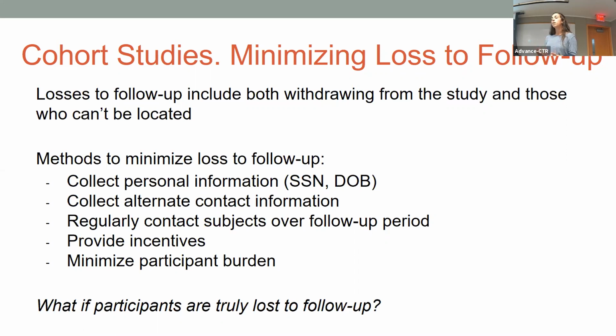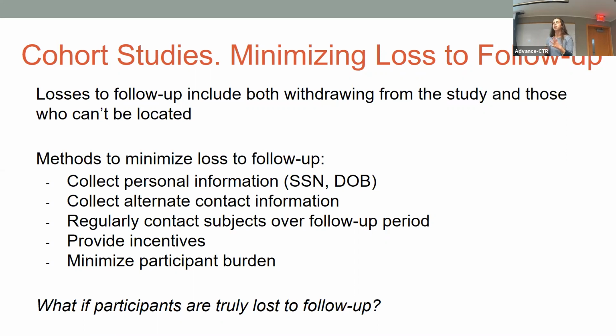Because as I mentioned, a lot of the times when individuals decide to withdraw or just remove themselves from the study, there are reasons behind these, and there are certain characteristics in individuals that make them more prone to be lost to follow-up. So it's important to account for these when you're conducting these studies.